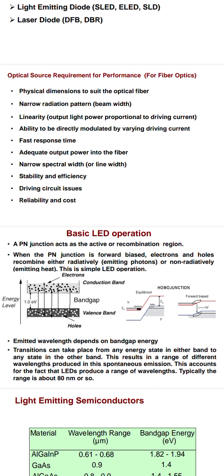It also covers power coupling into the fiber, narrow spectral line width, stability, efficient driving circuit issues, and reliability and cost, which can be measured in optical sources. These optical sources have many applications.